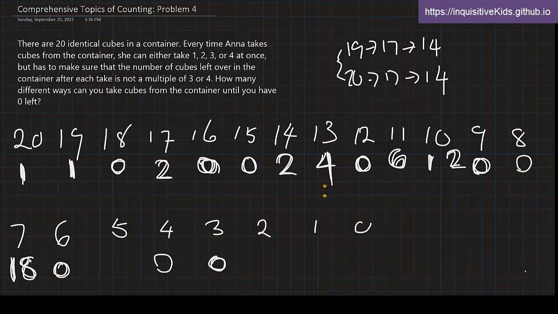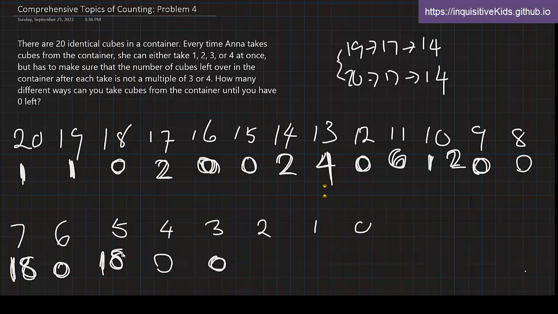Now 5 is also 18, because you can only take 1, 2, 3, or 4 cubes at once. To get to 5 by taking 4, you would have to start with 9, but there's no possibility of getting to 9 at all. Neither 8 nor 6. The only way to get to 5 is to subtract 2 from 7, so 18 passes on to 5.